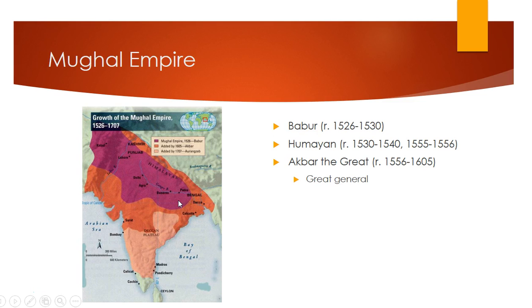From Babur, the throne passed to his son Humayun, who ruled for 10 years, then lost the entire empire for 15 years, and then gained it back with the help of the Safavids.